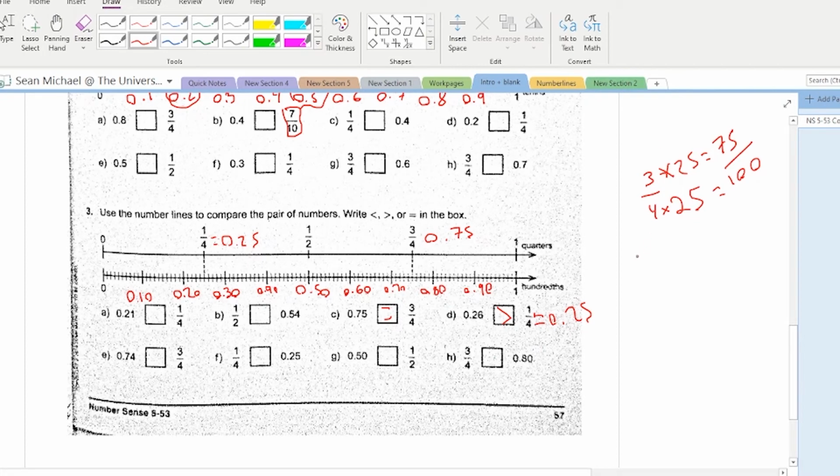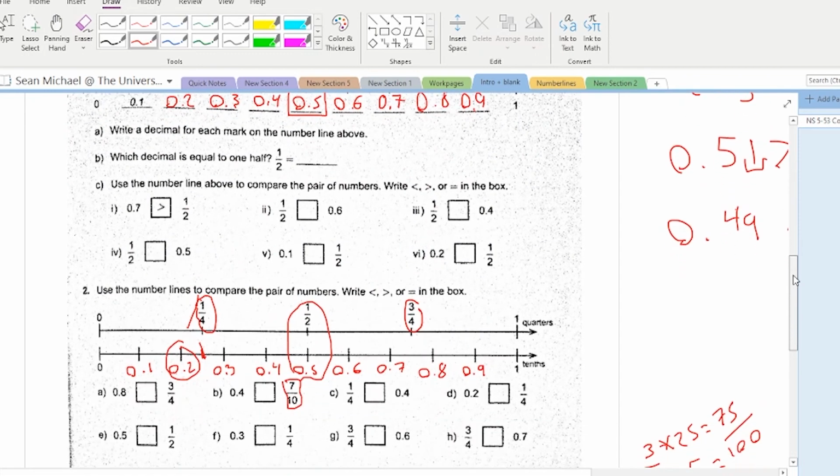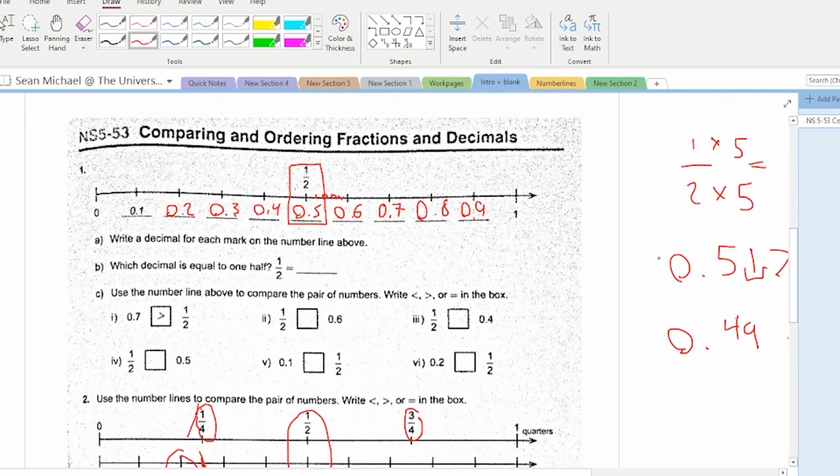Now, just to go back up, we are going to quickly go back up. We can use this line up here for our sake. So we are going to do some fifths. I'm going to put some fifths in just to help us see one last thing, so we can compare them with a bunch of different fractions. So fifths, let's take a look.